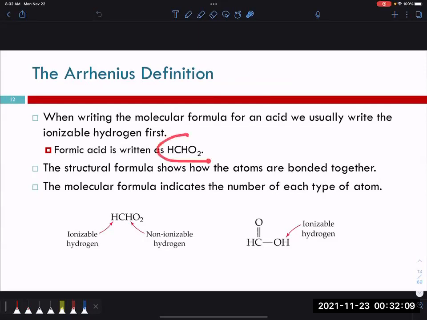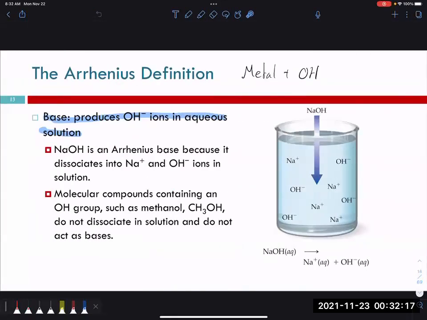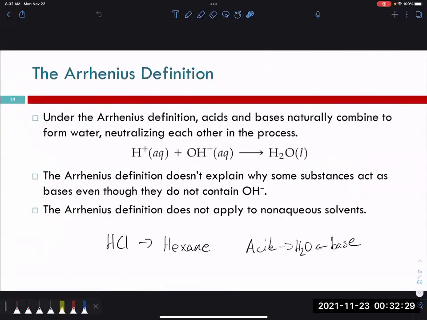The ionizable hydrogen comes first if there is one, so all acids are always hydrogen first, or at least these ones are. Bases produce OH ions in solution. By the Arrhenius definition, they directly produce hydroxide. And if we combine an acid with a base, we get water.